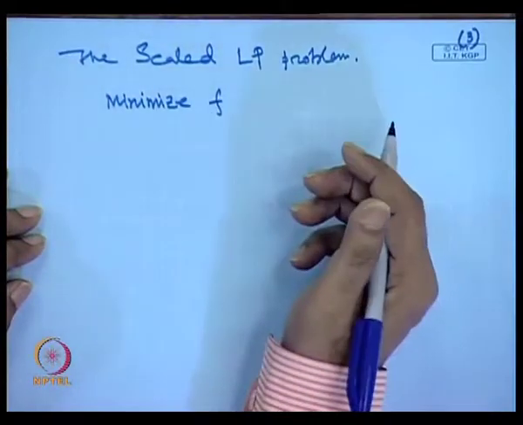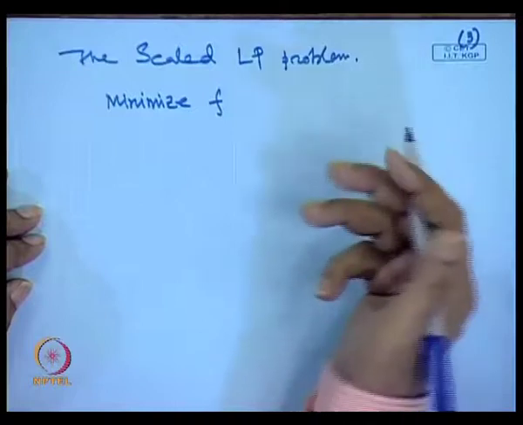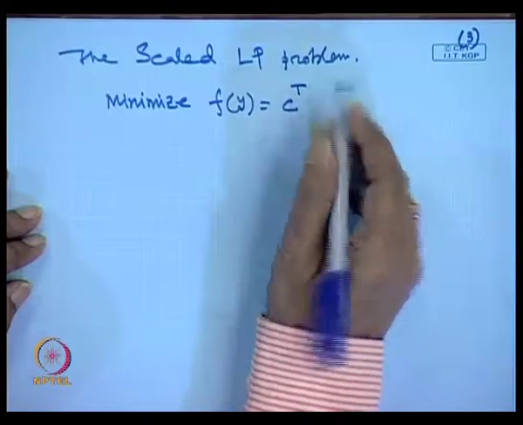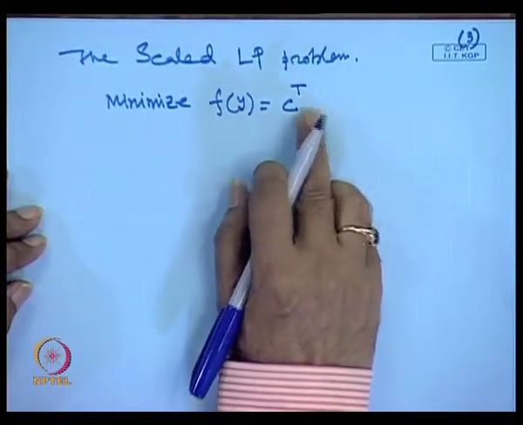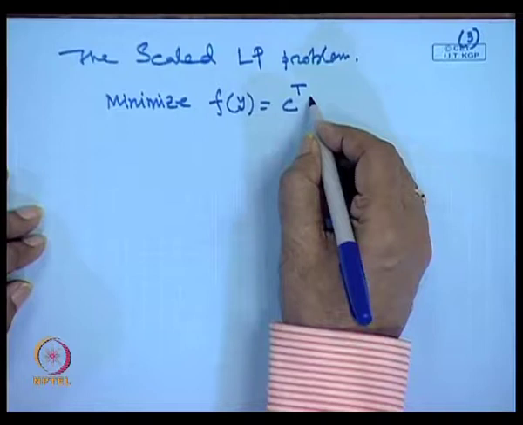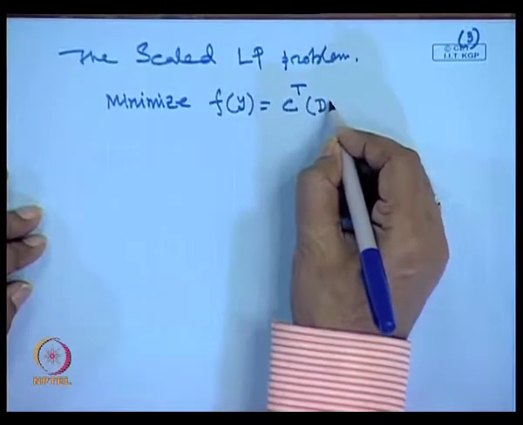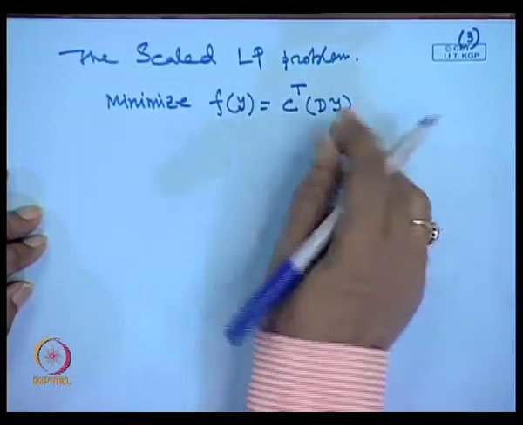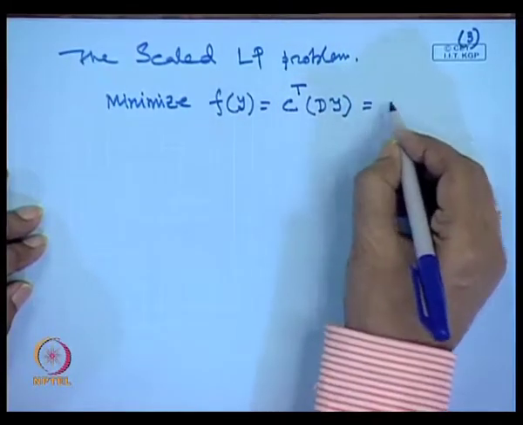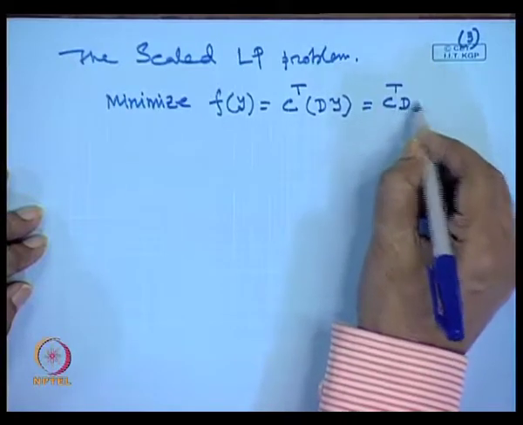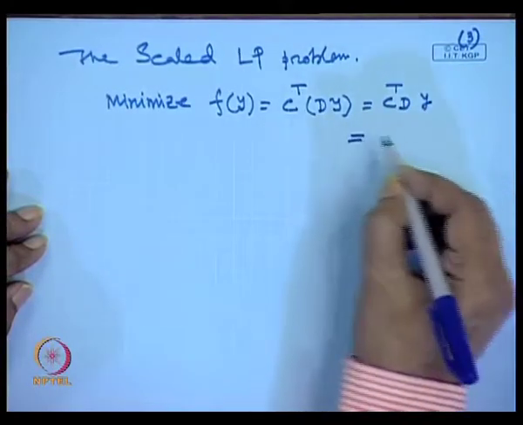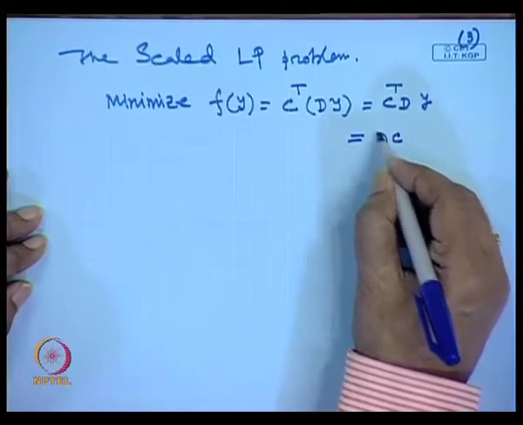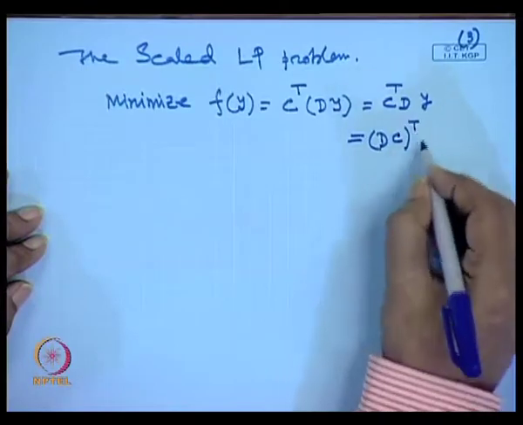Now, x I will express in terms of transformed coordinates, f of y equals C transpose. The original objective function was C transpose x, but x is now related with the new coordinate system by Dy. In place of x I have written Dy. So, it is nothing but C transpose Dy, which I can write as (DC) whole transpose into y.